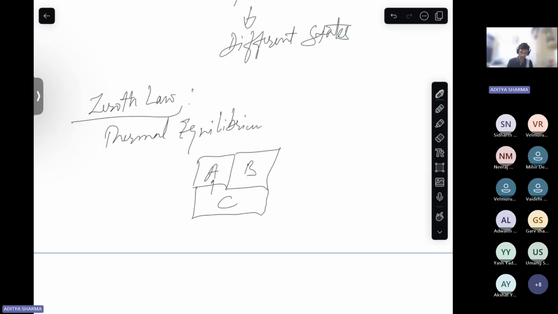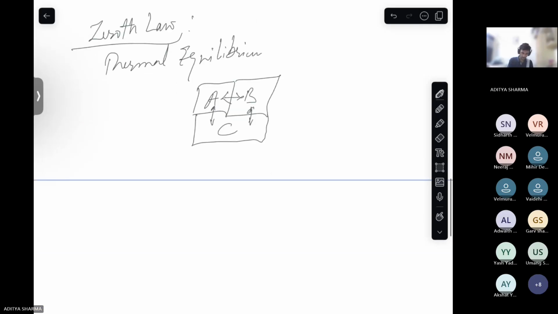So if this is in equilibrium with this and this is in equilibrium with this, then A and B also will be in equilibrium. So this is your zeroth law, right? I hope there is no confusion in it.